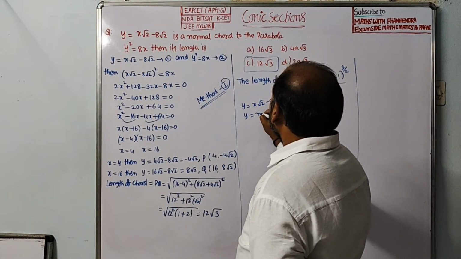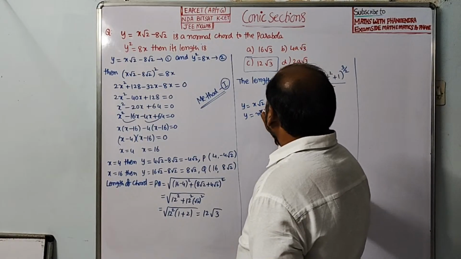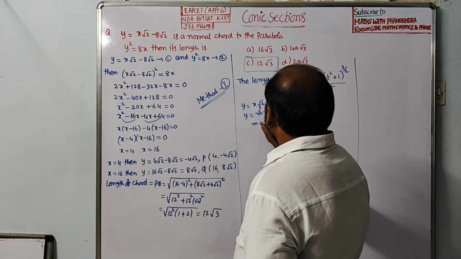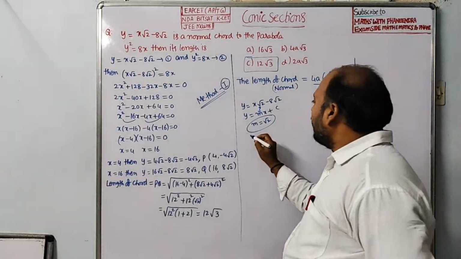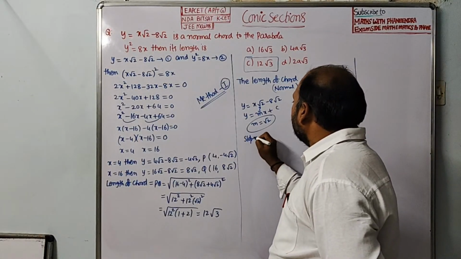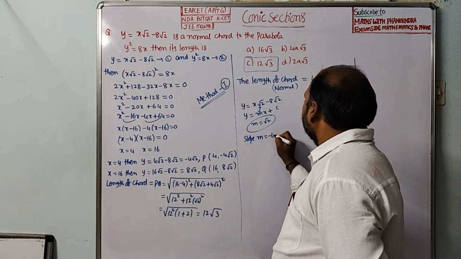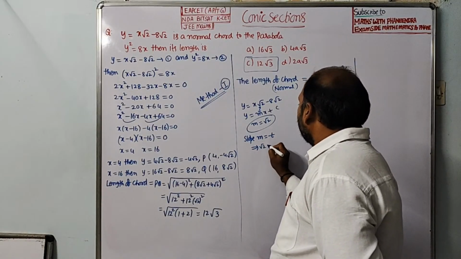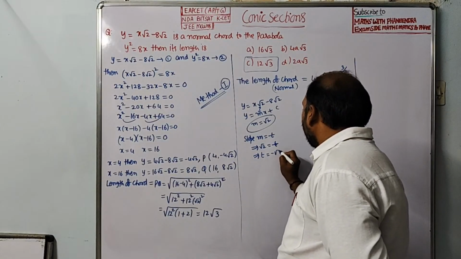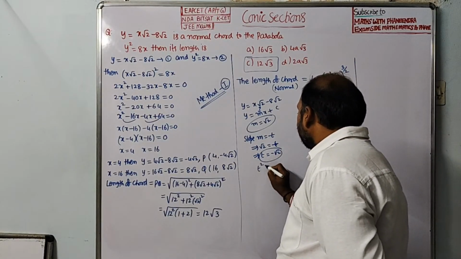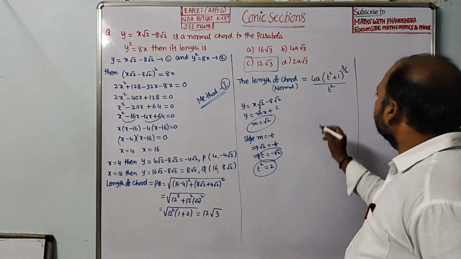Y is equal to mx plus c. If we compare, m is equal to root 2 only, no? M in terms of t we have to write it. So slope m is equal to minus t. That implies root 2 equal to minus t. That implies t equal to minus root 2. T square is equal to 2.